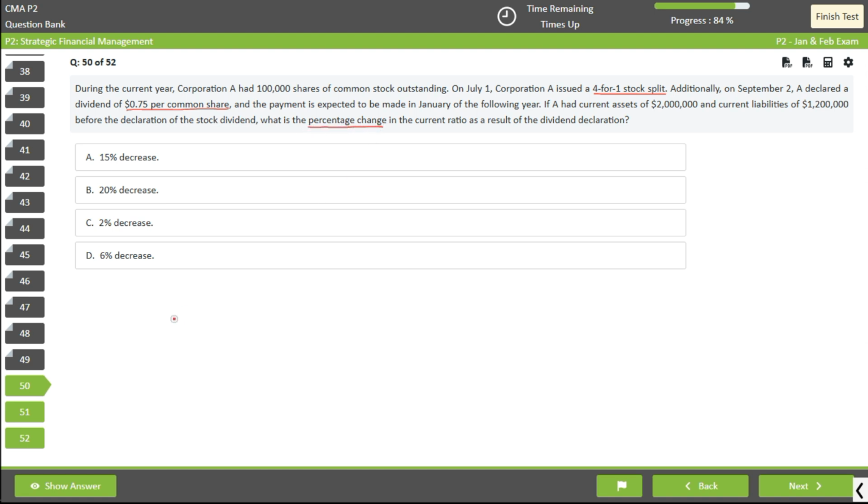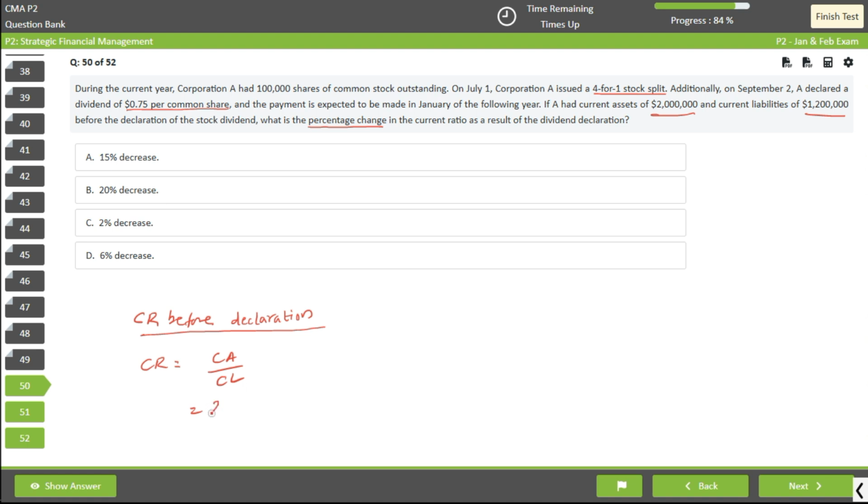So current ratio before declaration. So what is current ratio before declaration? We have current assets by current liabilities. So current ratio is equal to current assets by current liabilities, and the current assets is 2 million and the current liabilities 1.2 million.